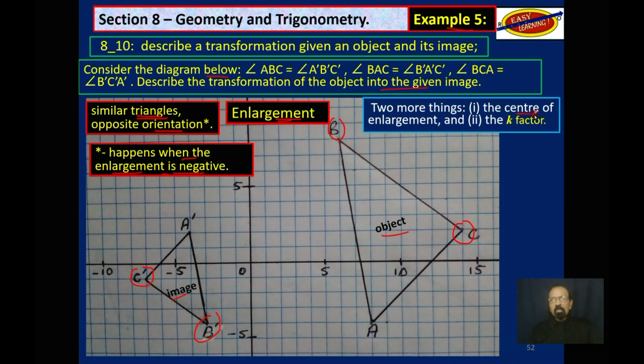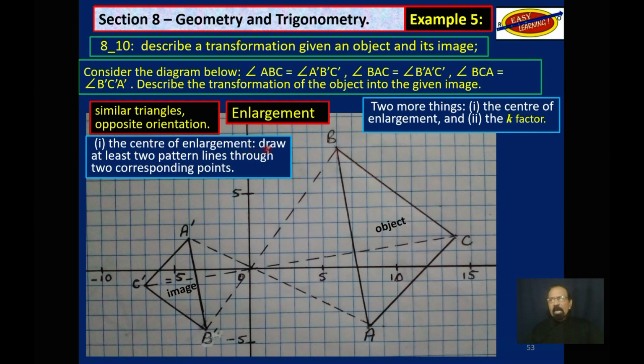So what is the center of enlargement? And what is the scale factor? To find the center of enlargement, draw at least 2 pattern lines through 2 corresponding points. Say A to A prime there and B to B prime there.